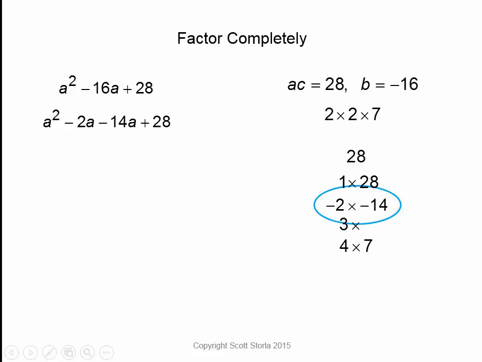After factoring by grouping, I can distribute and find I have a squared minus 14 minus 2 is minus 16a, and negative 2 and negative 14 is 28. Well, that concludes this video where we practice the AC method with the value of a being a 1.